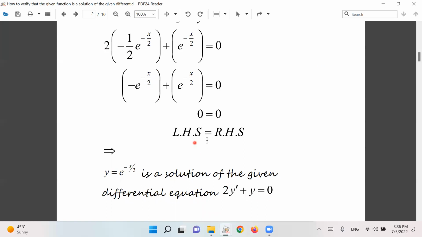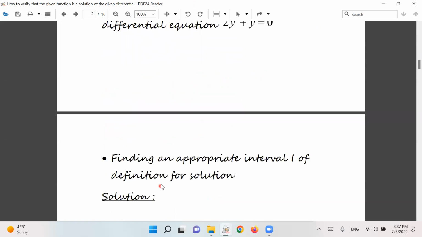But if the left hand side is not equal to the right hand side, then we say that it is not the solution of the given differential equation. But here, since the left hand side equals the right hand side, this means that the given function y equals e power minus x over 2 is the solution of the given differential equation.